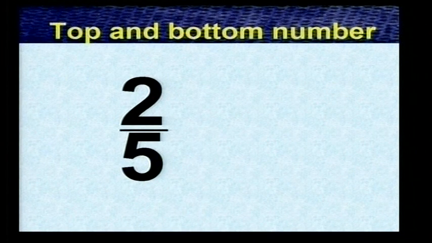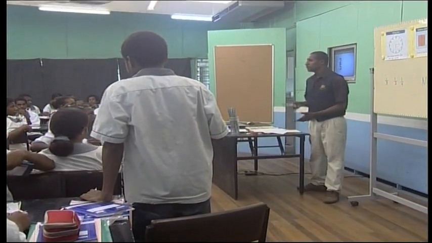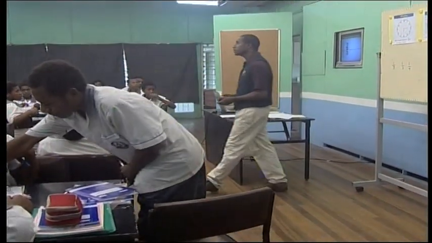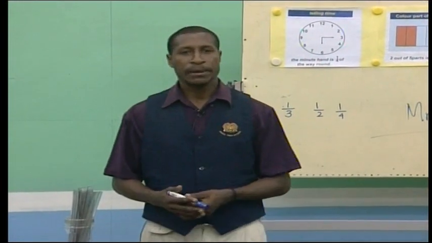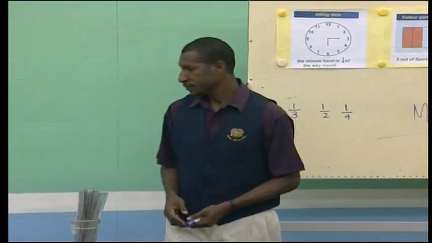Who can tell me, what do we call the top number of the fraction? Okay, I'll have Malvin. Numerator. Good, very good. Receiving students in 7E, we call the top number the numerator.